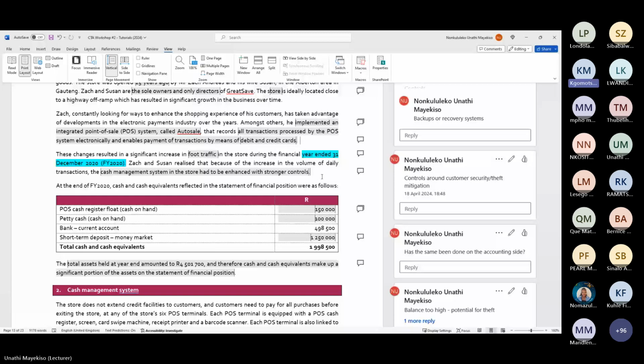Unati, can I maybe try this one? Because Zach is the one who came up with the system, I would want to find out who has power at the store to override that system when he's not around. When you buy at Pick n Pay, they have these vegetable combos.